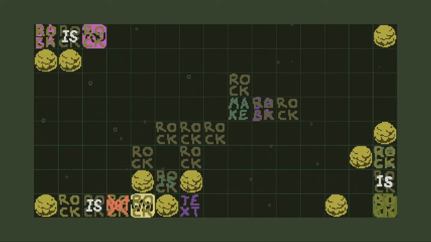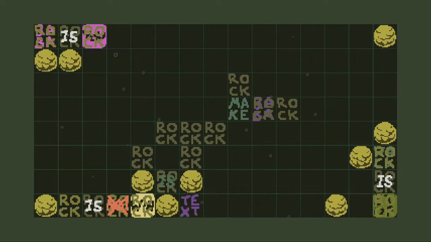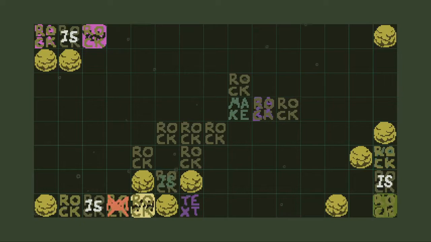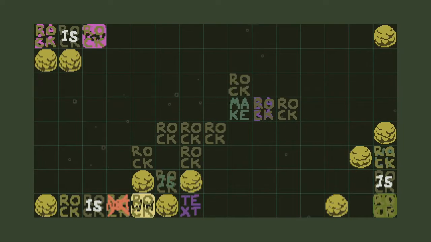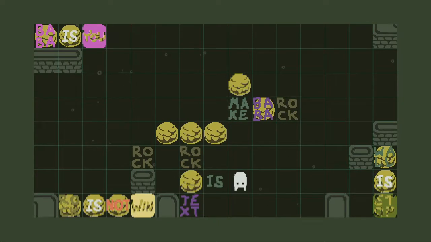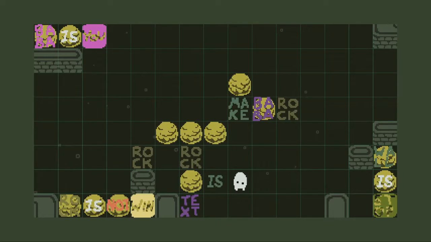I would like Rock to be making Baba, I suppose. So is there a way that I could make that happen? Would that even work? It might. So if I wanted Rock to make Baba in that moment, I'm going to have Rock makes Baba.